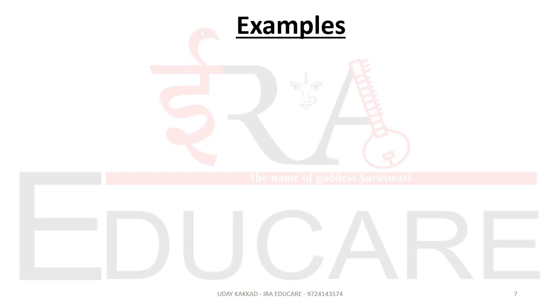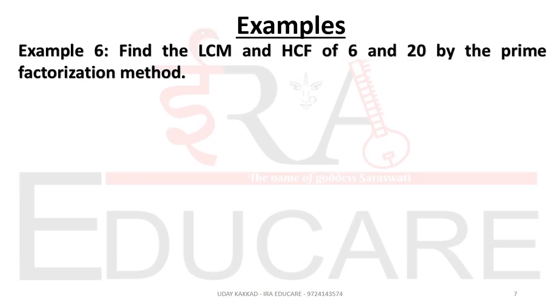Example number 6. Find the LCM and HCF of 6 and 20 by the prime factorization method. Look friends, you are not using the Euclid division lemma or Euclid division algorithm here. Here is the prime factorization method. So you have to factorize these numbers, and after that you find the LCM and HCF.